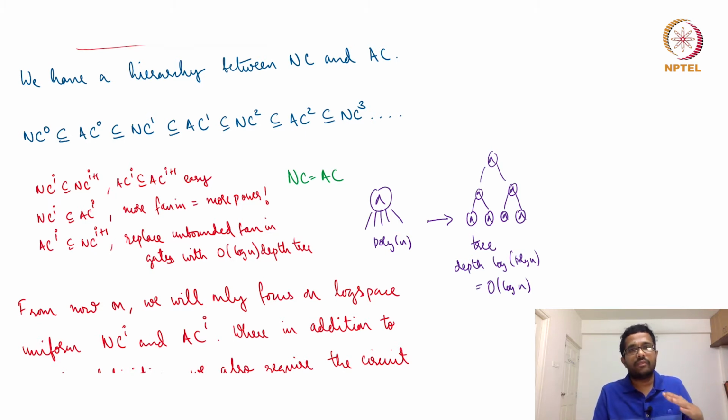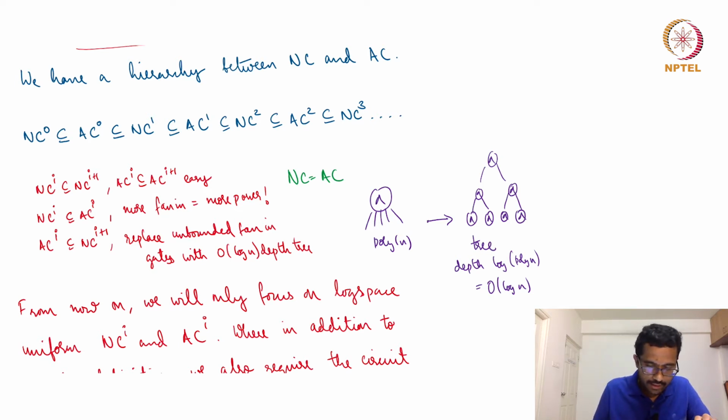So the ACi circuits have depth (log n) to the power i, but then there is a further blow up of log n, so (log n)^i multiplied by log n is (log n)^(i+1). So what we get is a circuit with polynomial size where the gates are AND or OR or NOT with fan-in 2, but where the depth has increased from (log n)^i to (log n)^(i+1).